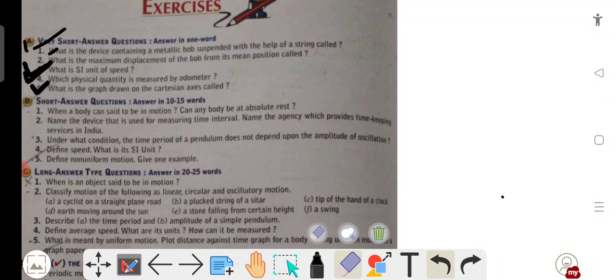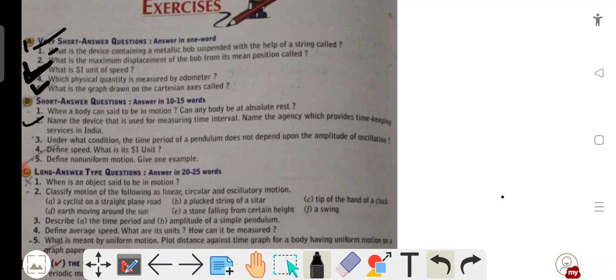I repeat, nothing is at absolute rest or in absolute motion in the universe. That fixed point is chosen arbitrarily. Now the second question, we move on to B2.